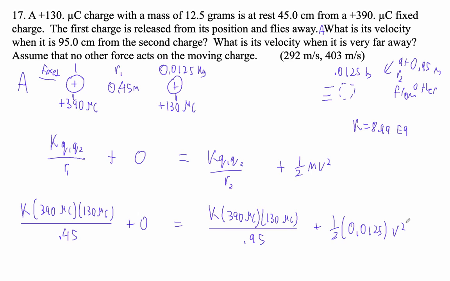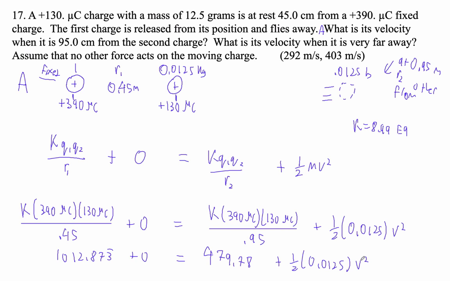So this potential energy here is, plus 0, equals, and then I'm going to do the potential energy at this other one here. Not 0.45, but 0.95. So this is 479.78 plus 1/2 times 0.0125 v squared.